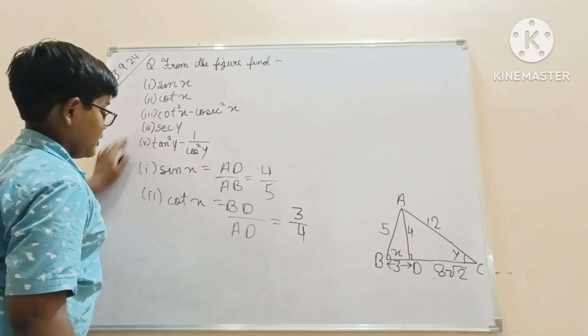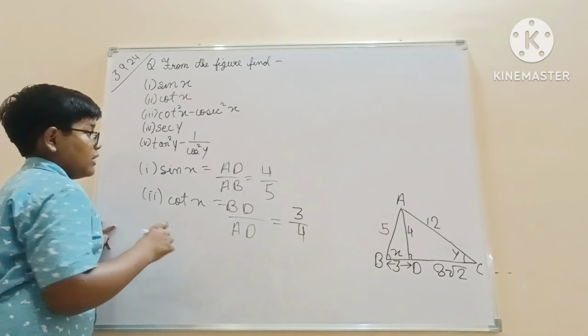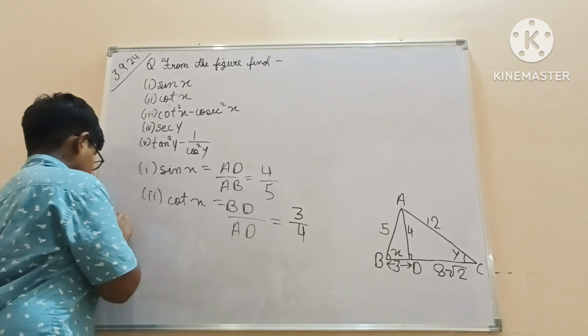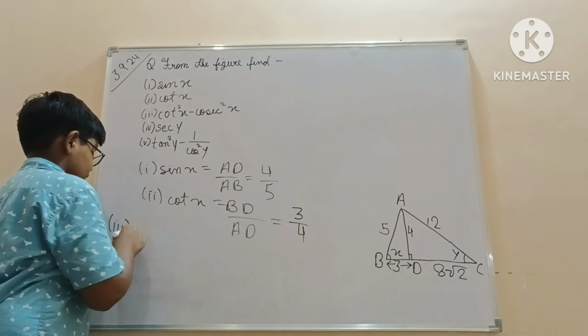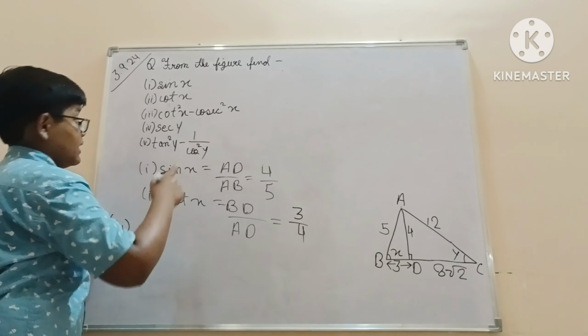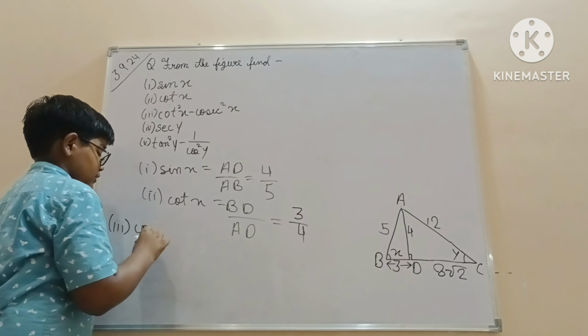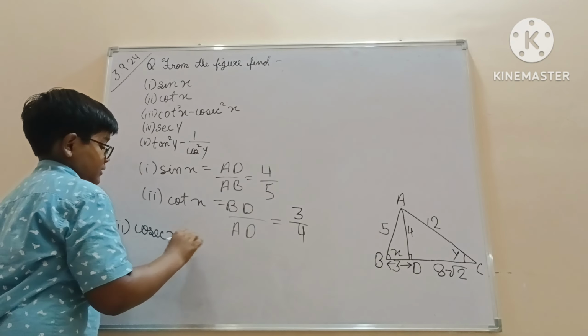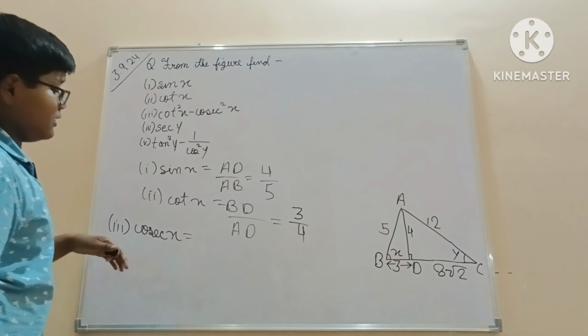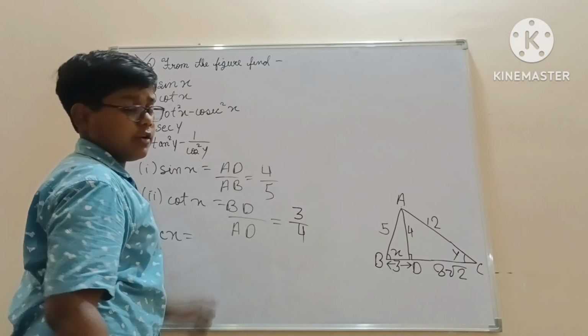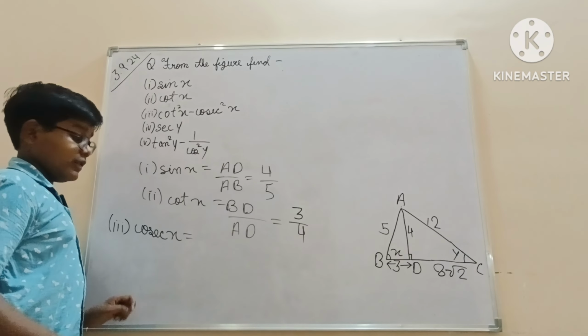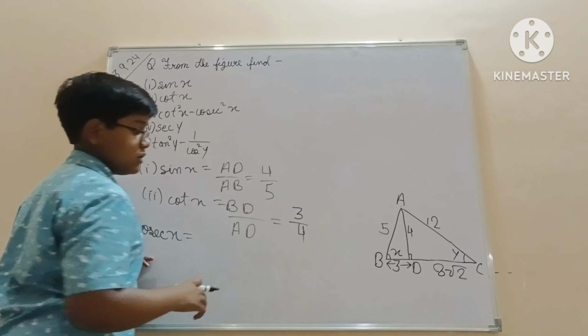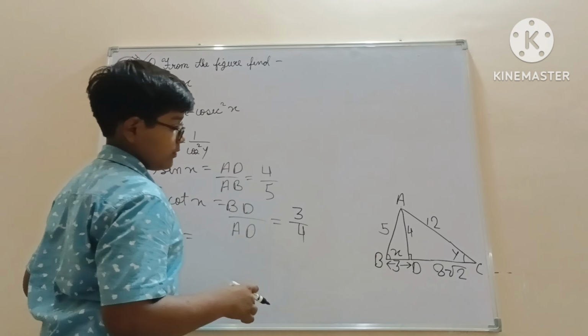So we can find the value of cot squared x minus cosec squared x. In order to find this, we will first find the value of cosec x. So cosec x is just the reciprocal of sin x, which also has the formula of hypotenuse divided by height.